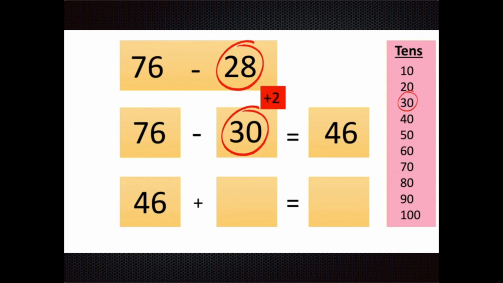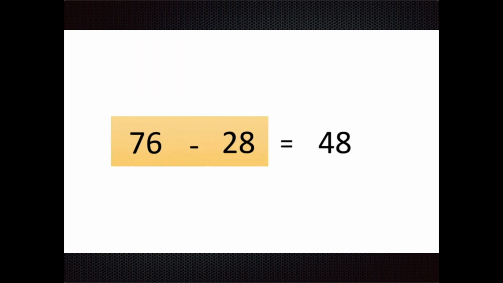Correct, we only added 2 to 28 to get to 30. So now we can add that 2 over here in this box, and we can ask ourselves, what is 46 plus 2? That gives us 48. So our answer to 76 take away 28 is 48.